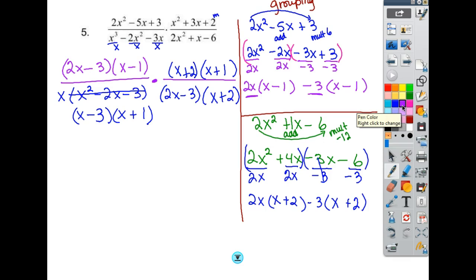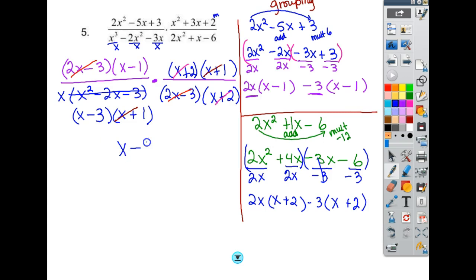Okay, so the 2x minus 3s cancel. I don't see an x minus 1 to cancel, so we'll move on. An x plus 2 that cancels. An x plus 1 that cancels. I think we've done all our canceling, right? So who ended up being left on the top in the numerator?